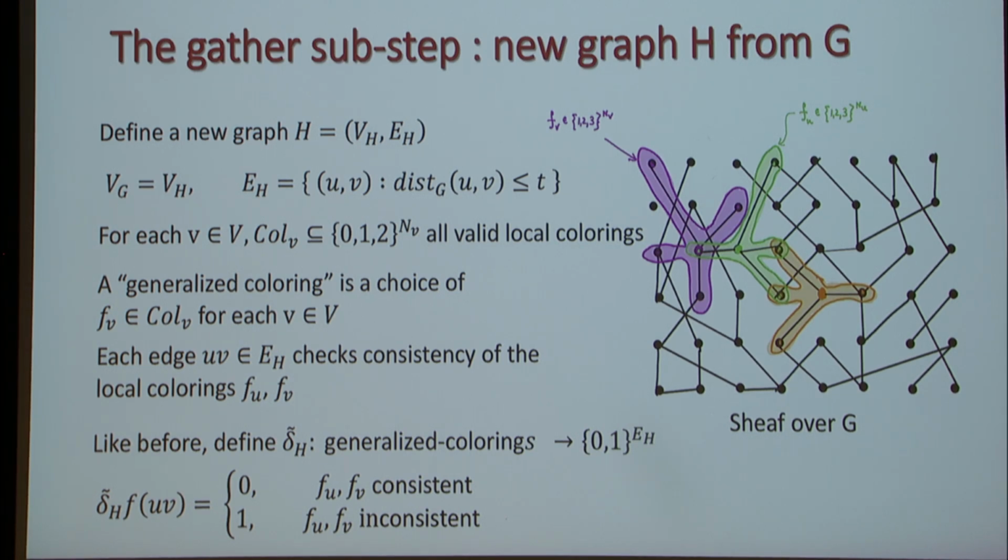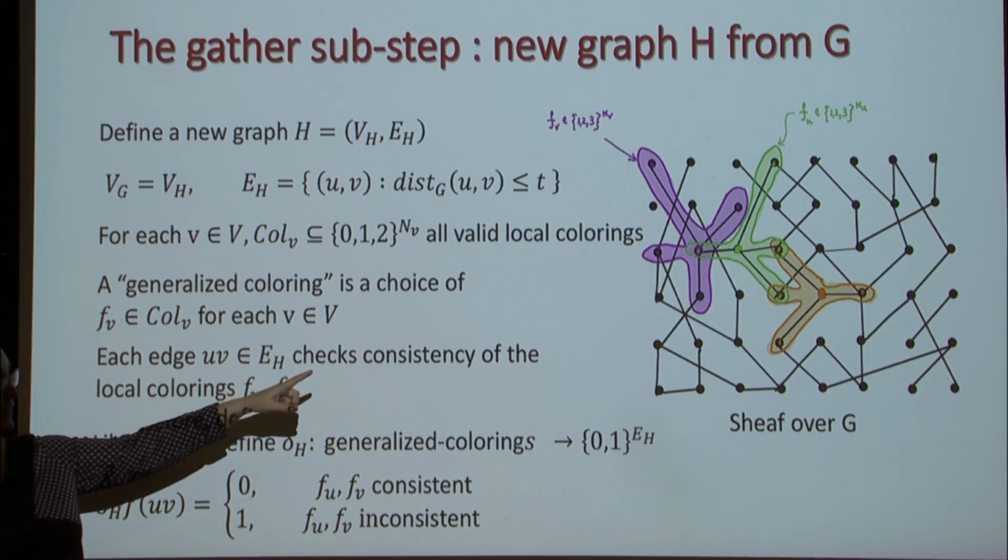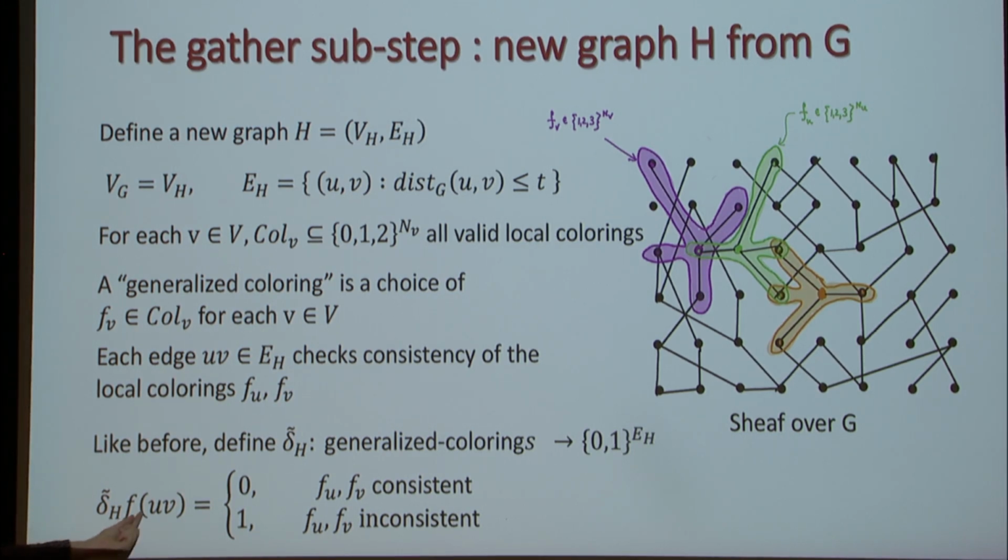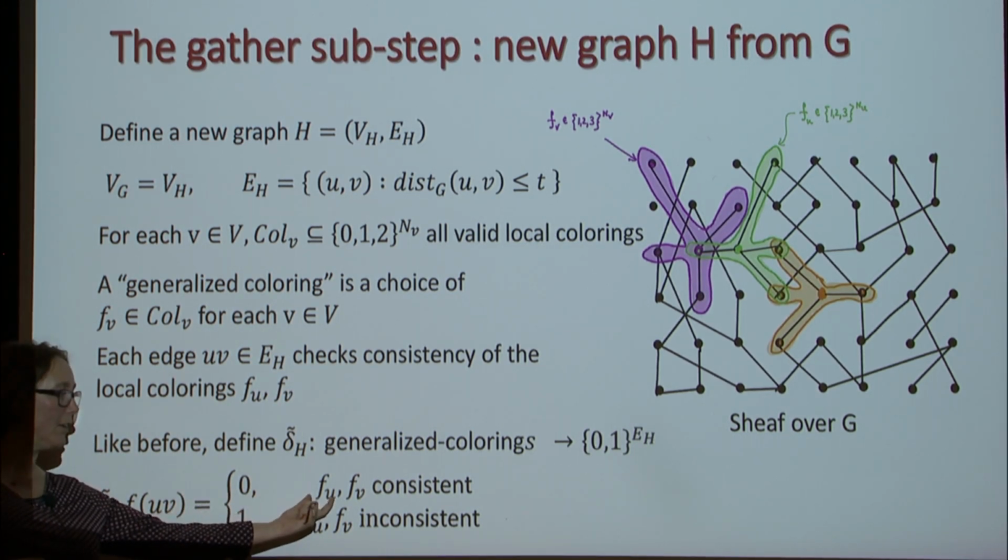When you talk about consistency, is it for vertices? Why do you say edges? So U and V are still going to be vertices, but for U, you don't get a color. What you get is an entire local function.